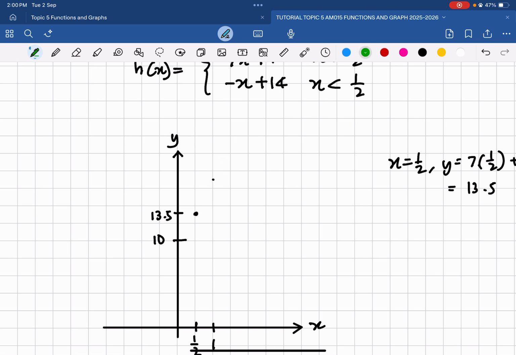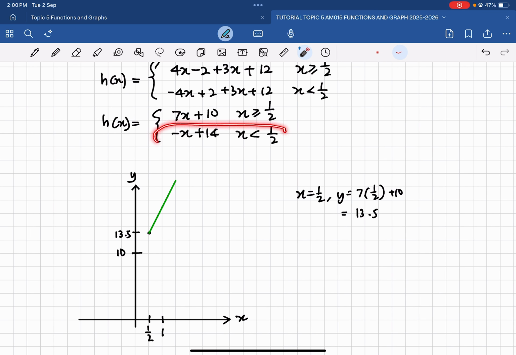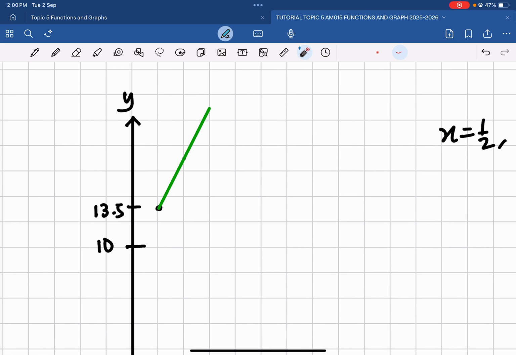So let's draw. And another one for x less than 1 over 2. When x is 0, y is 14. 14 is somewhere about here.